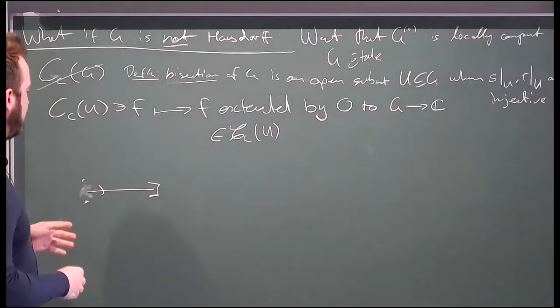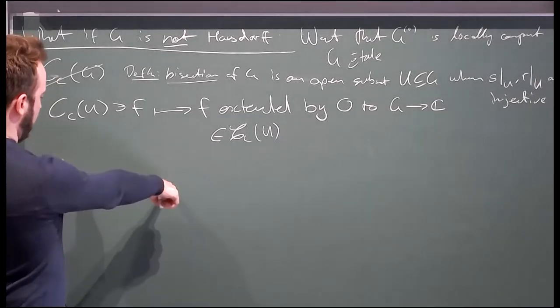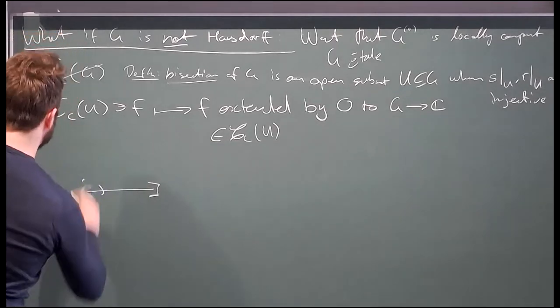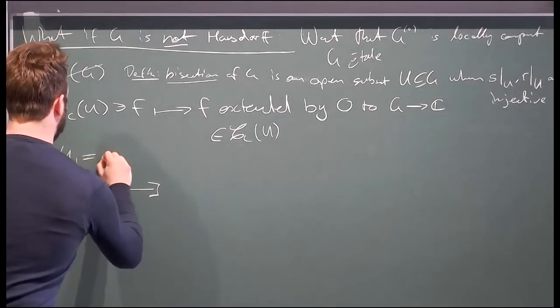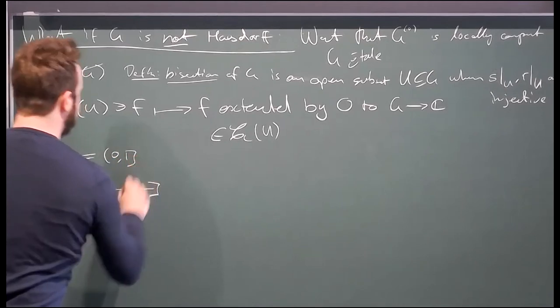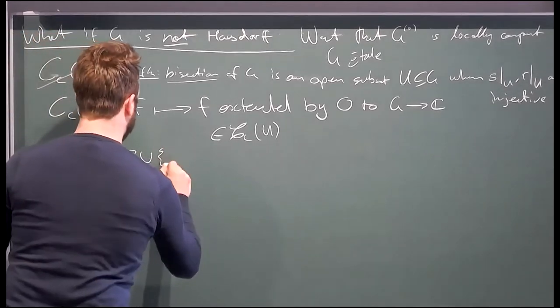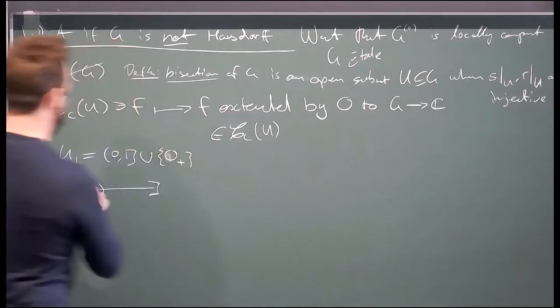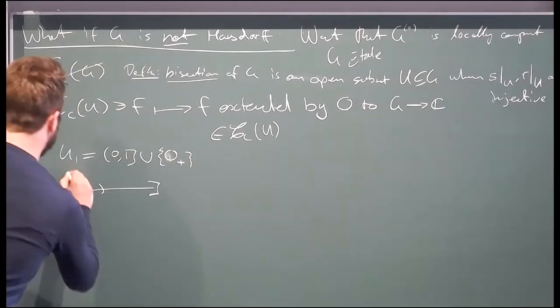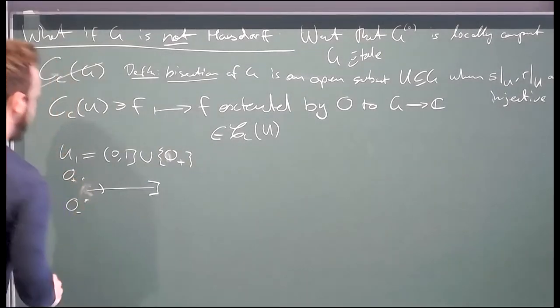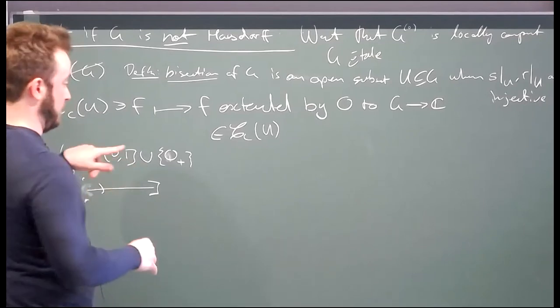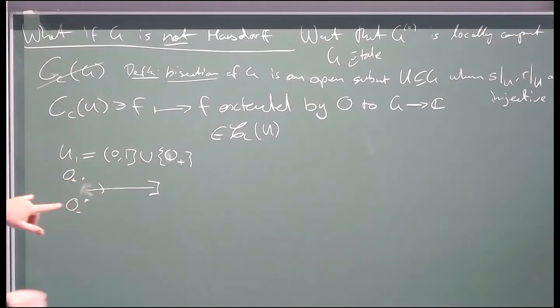Say U1 is going to be most of the interval plus 0 plus. So this top origin will be 0 plus and this bottom origin will be 0 minus. This is a Hausdorff open subset of the space.